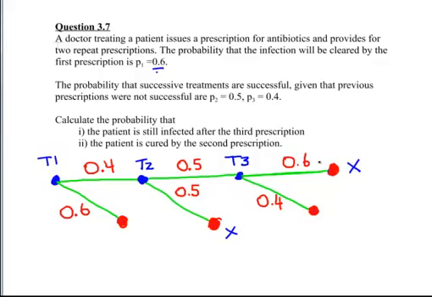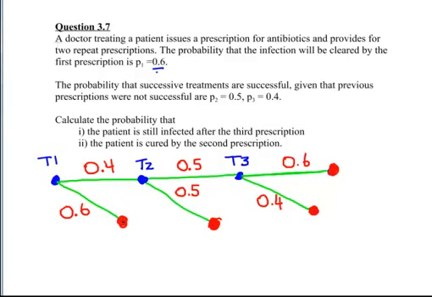Okay. So what we have here is a couple of different possible outcomes. Particularly these red dots, these are the four possible outcomes. Cured by the first, cured by the second, cured by the third, not cured at all. And how do we calculate the probability of each of these four possible outcomes? Well, the answer to that is simple. We have these probabilities here, and they're each assigned by going along particular parts of this probability tree.